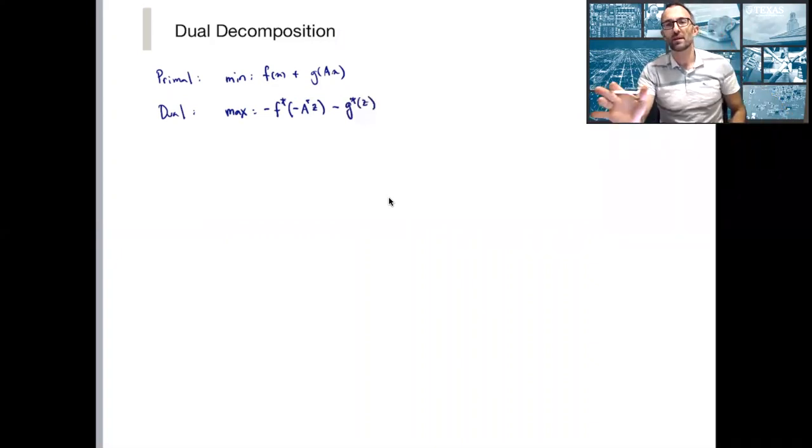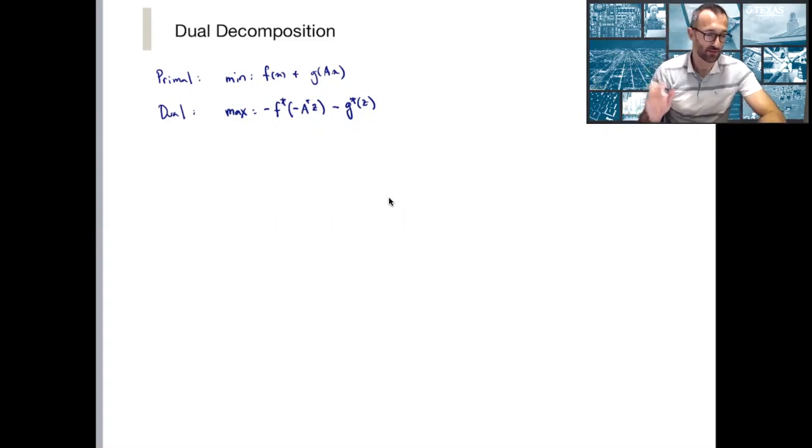At this point, I hope that everybody is comfortable in how you could derive this. If not, you should spend some time practicing. So under assumptions of strong duality, these two are equivalent.